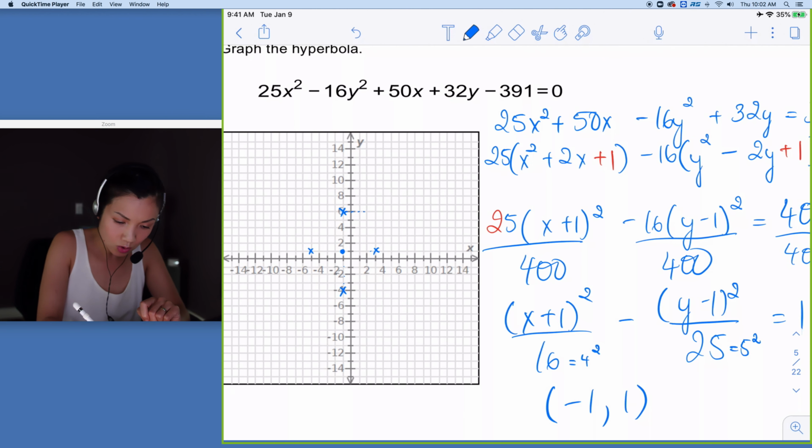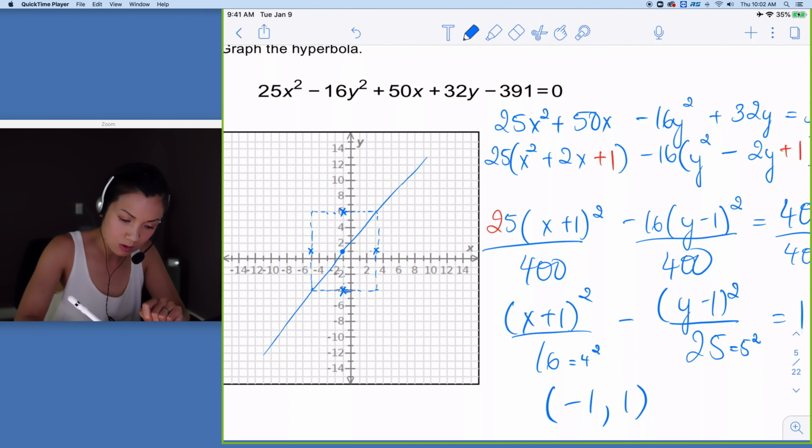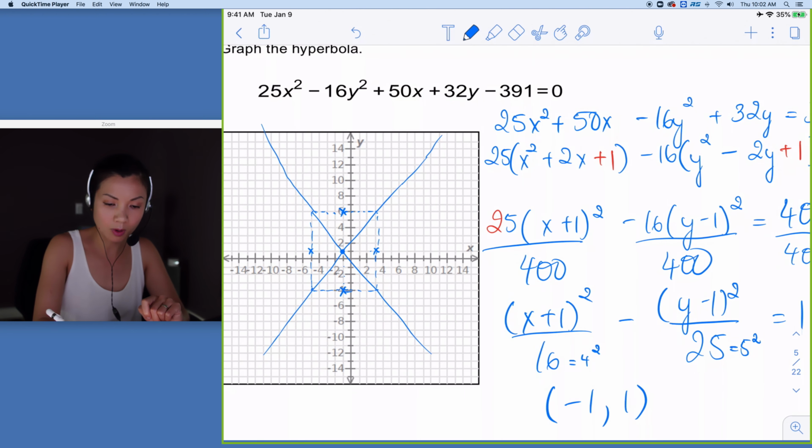And then I draw the rectangle. After I draw the rectangle, I get to do the diagonals. And then I'm going to get my hyperbola.